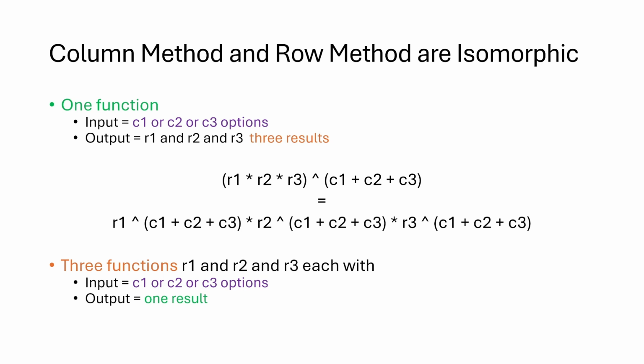So if you write it out with exponentiation, you can do distribution over these exponents. So this is just the distributive law. And you get 3 separate functions, each that are casing on these 3 different inputs, but instead of providing 3 results, you provide 1 result. It's just a rearrangement of whether you're looking at it from column first or row first.